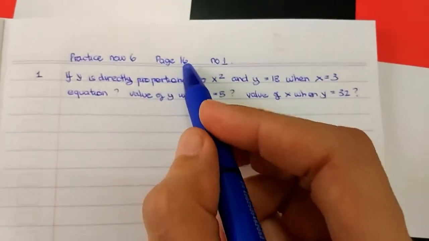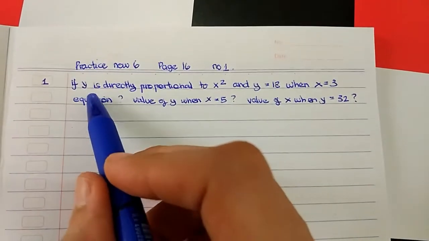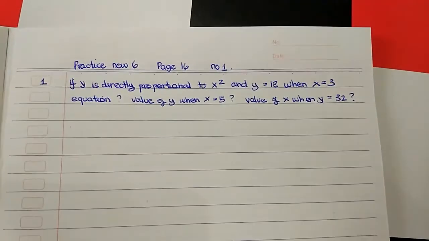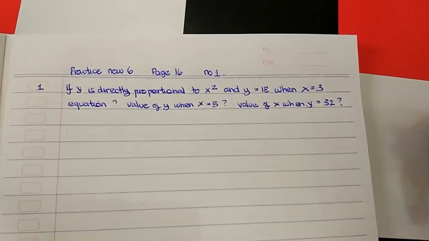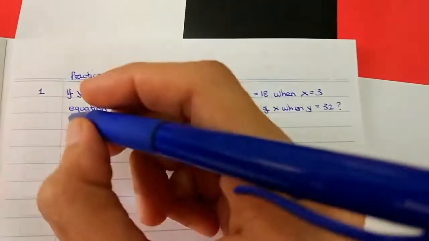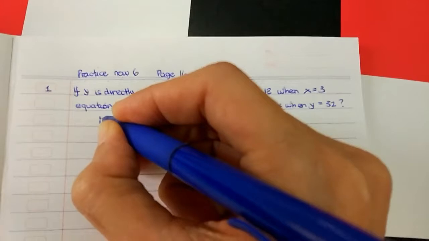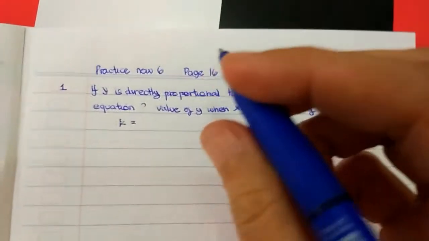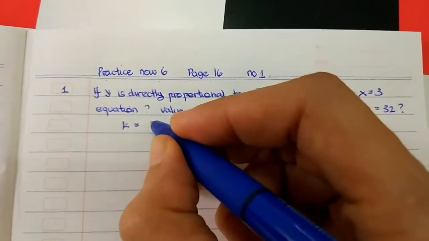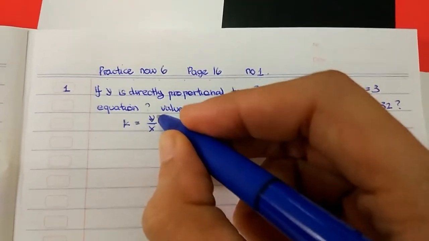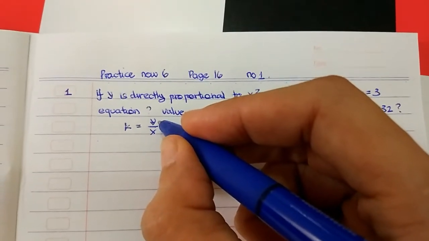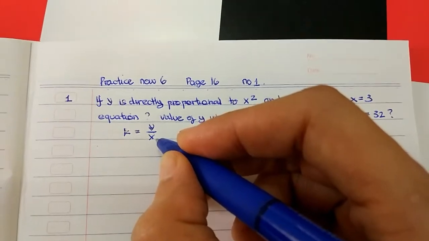On Practice Now 6, page 16, number 1, it says that y is directly proportional. Now, just remember, what is the formula for directly proportional? k comes from y divided by x, where y is the dependent variable and x is the independent variable.